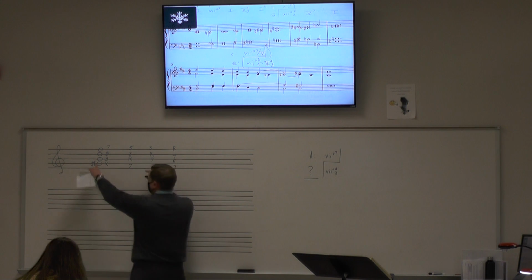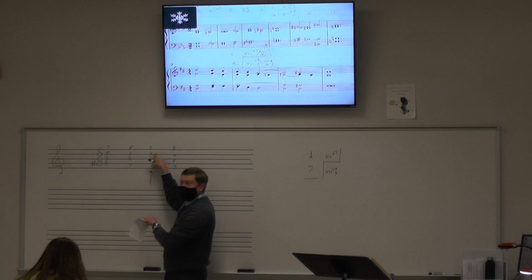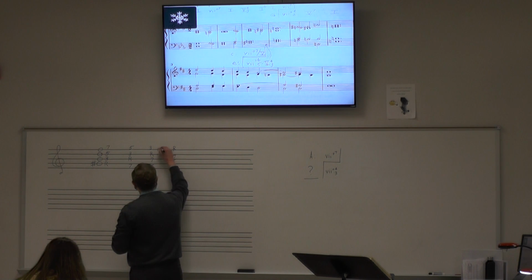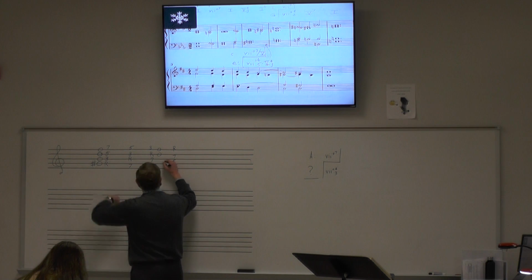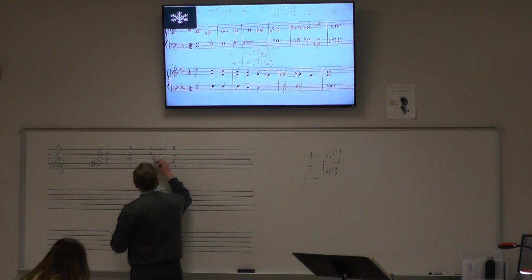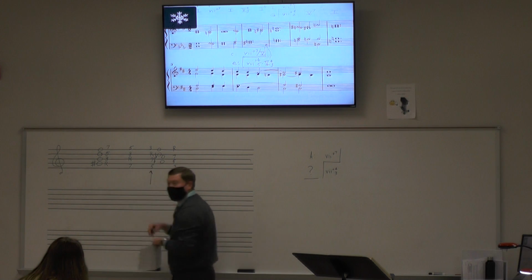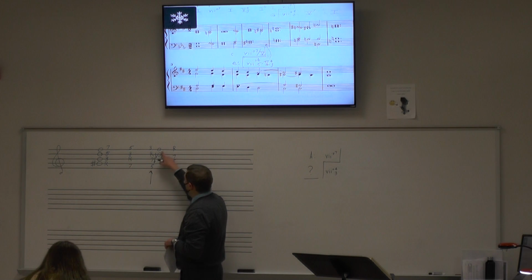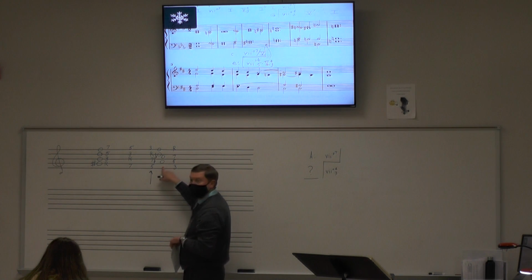Did I not? You see that? And so if D is the root, it's really going to be D, F, A flat, and C flat, right? I'm not moving the pitches, but I'm enharmonically respelling them so that I can get it to be spelled right in the key. You see how A flat is the fifth of this chord and it's on the bottom?